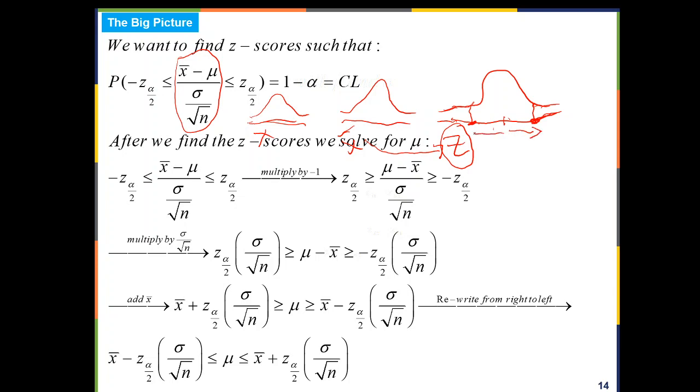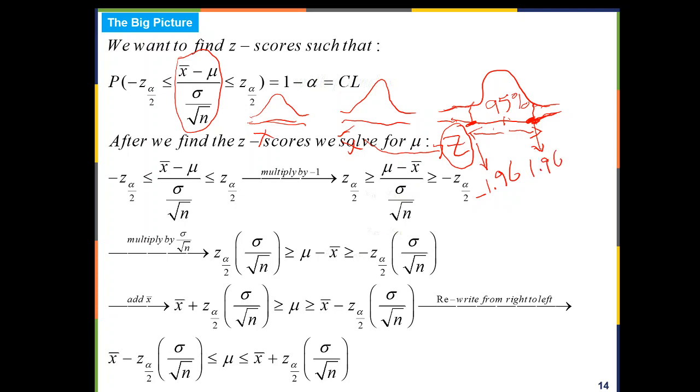We can find out from chapter 6 what are the 2 numbers on the standard normal distribution that have 95% of the data in the middle of them. And if we do that with inverse normal, we can easily see that that number is negative 1.96, and this number right here is positive 1.96.